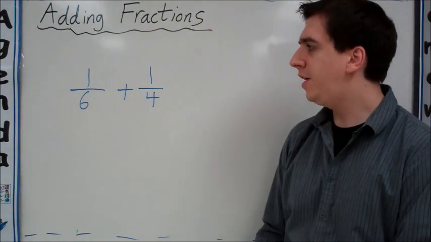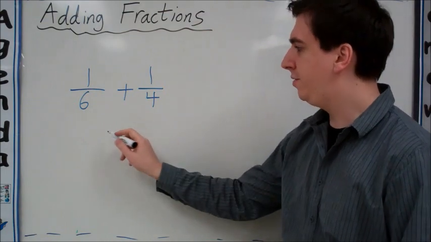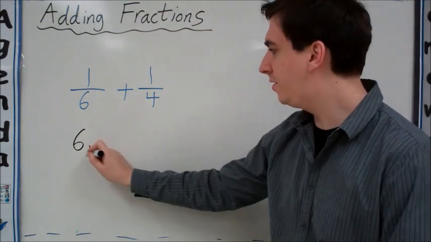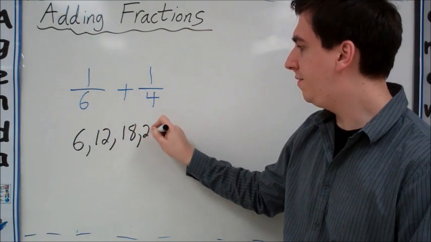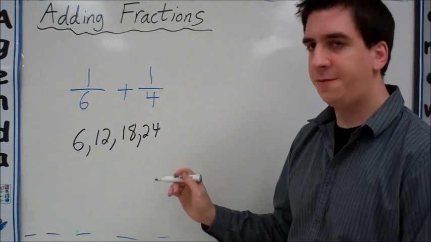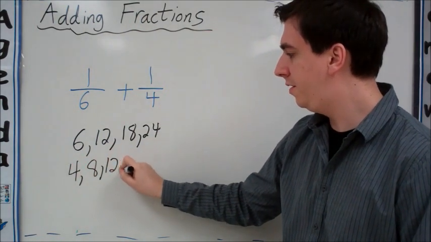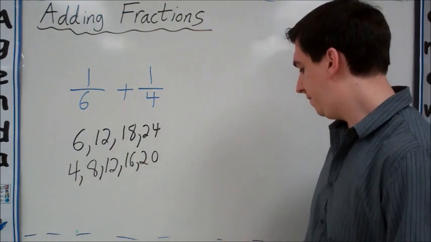How do we make those out of the same fraction? Let's list our multiples here to find the least common multiple. Multiples of 6 are 6, 12, 18, 24. Multiples of 4 are 4, 8, 12, 16, 20, and so on.